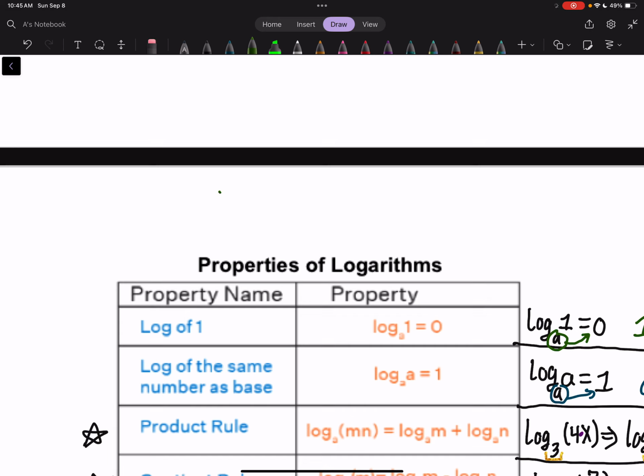Real quick, let me remind you. If you have log of z, this is the same thing as log base 10 of z, and you have to know this. If you do not see a log base number, it is going to be 10.